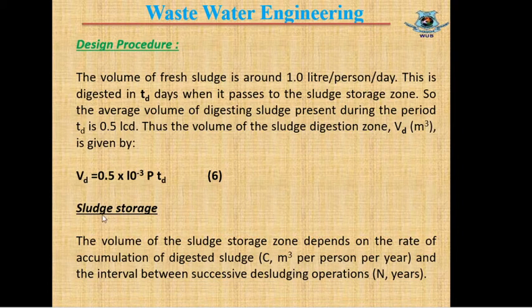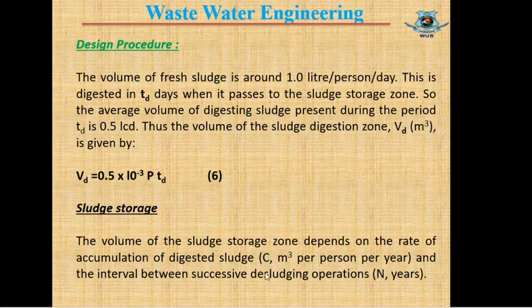And then sludge storage. For sludge storage we need a definite volume, and it depends on two factors. One is the accumulation rate, that means C, whose unit is meter cube per person per year, and the other is the number of years for desludging. This is the same formula as for the simple pit latrine.